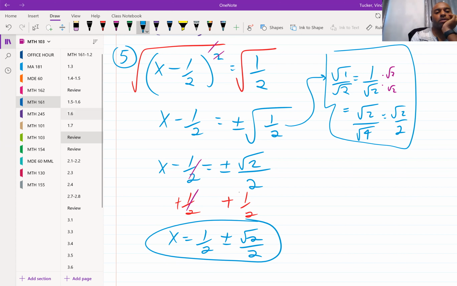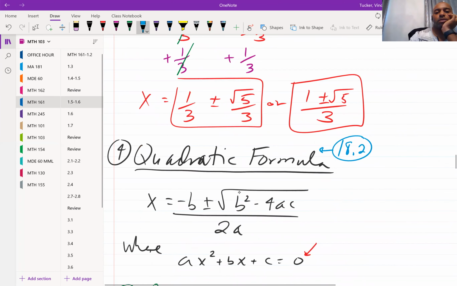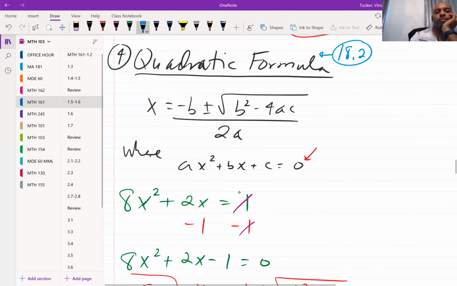All right, so can we go back to the last ones? Everybody done copying? All right. So last method, quadratic formula.